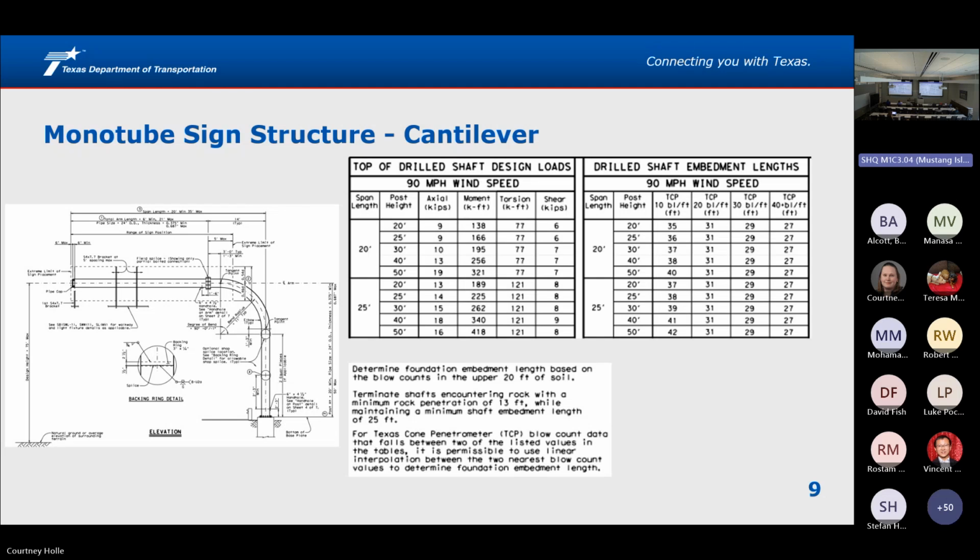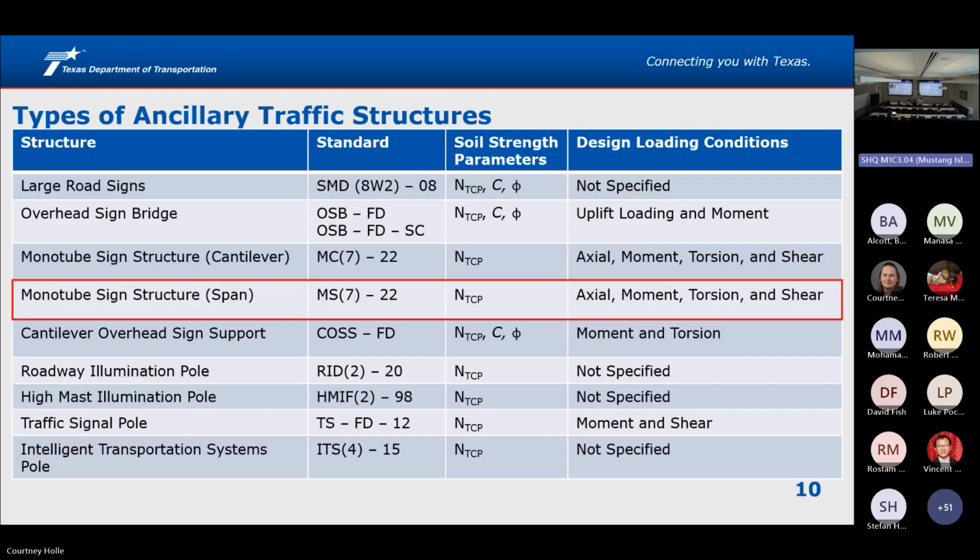If I'm designing a bridge foundation, for example, once I hit that rock layer, I generally know how far I need to go in order to mobilize the resistance. But for laterally loaded shafts, the relationship's not quite as linear. So instead of saying once I hit rock, I'm done, there's a little bit more to it for laterally loaded structures.